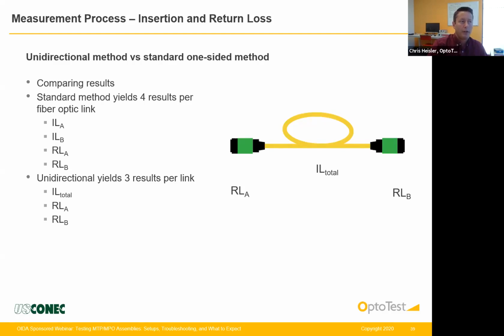Because it's a short assembly, the pulse-based method will smear those two reflections together because the resolution of the system is not as small as the DUT. So with a 0.35 meter DUT you would get a combination of the two return losses, the MTP return loss and the LC return loss, combined into one measurement because the length is so short.